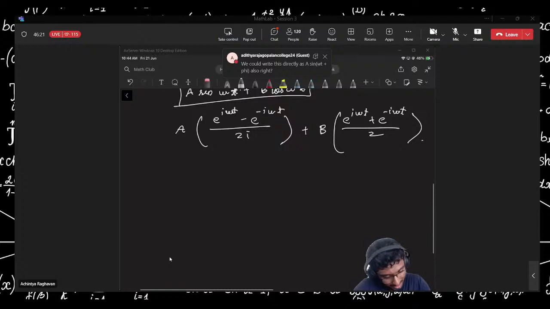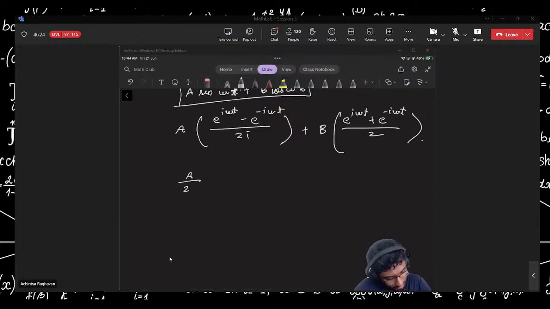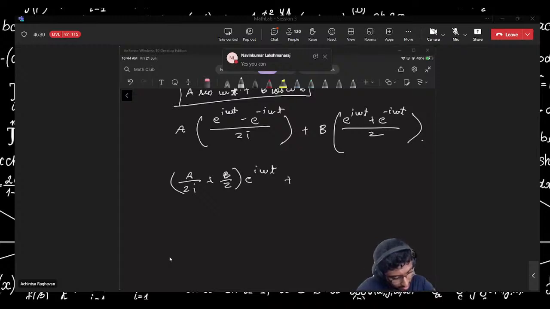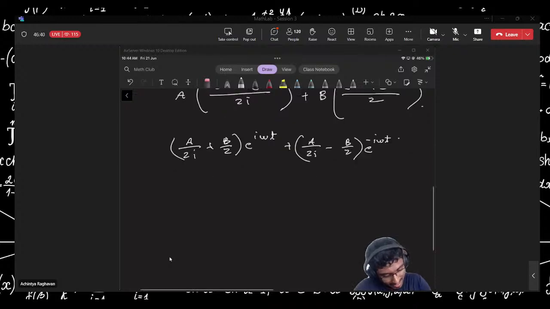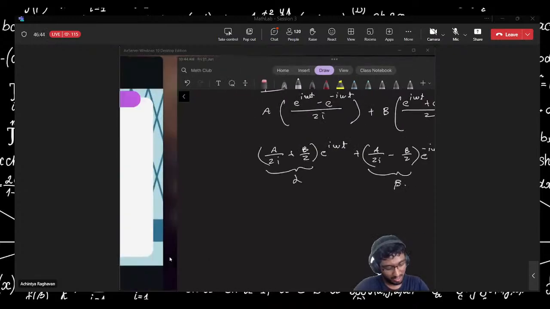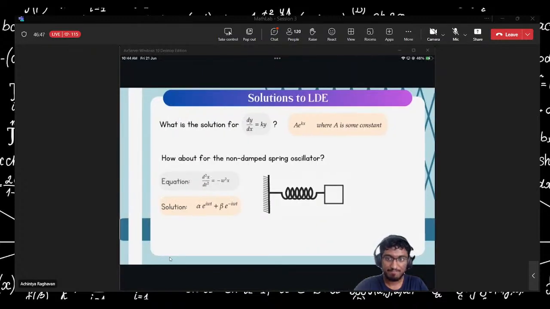Simplifying this, we get a by 2i plus b by 2 times e power i omega t, plus a by 2i minus b by 2 times e power minus i omega t. So we can represent this as some alpha, this as some beta, and we get the solution shown here. It's the same.